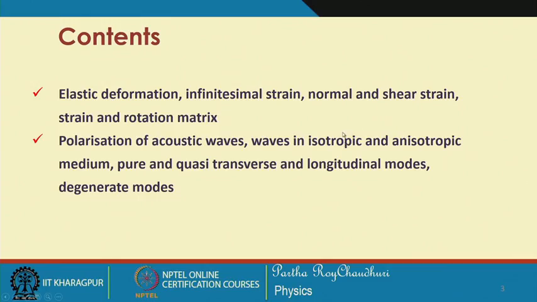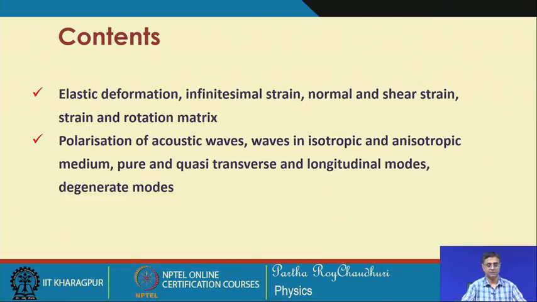Then there will be a strain and rotation matrix, which is there in the case of a deformation of any material medium. Then we will pick up the polarization of the acoustic waves, then the acoustic waves in an isotropic and anisotropic medium, pure and quasi transverse and longitudinal modes, and the degenerate modes.